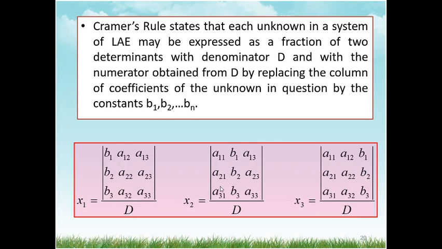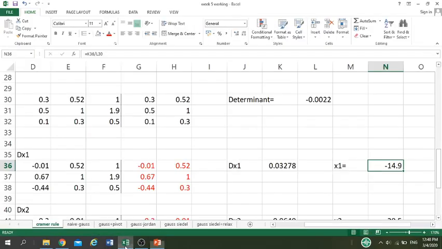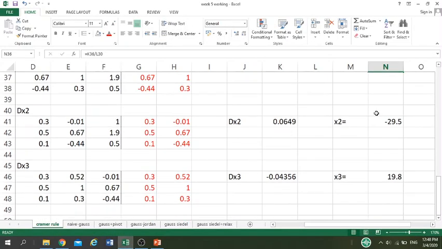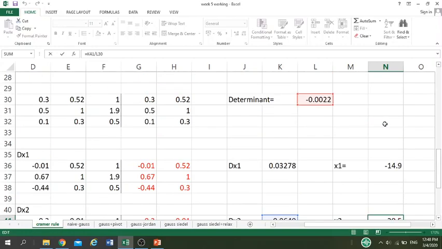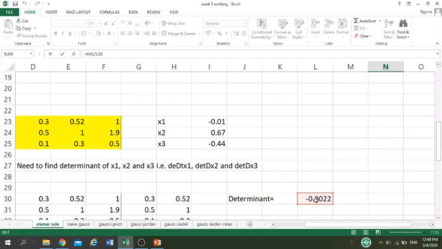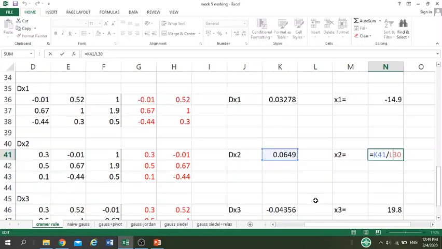Same thing for x2 and x3. For the value of x2, we divide the determinant of x2, 0.0649, over the value of the determinant that we calculated in our first step.